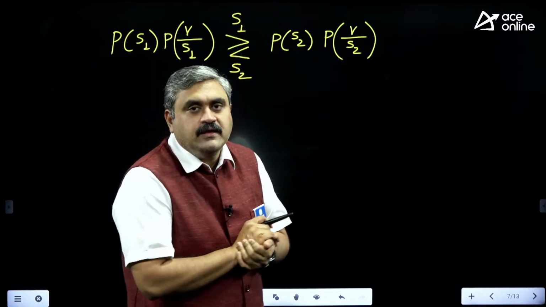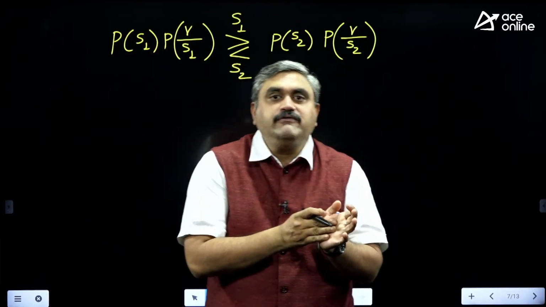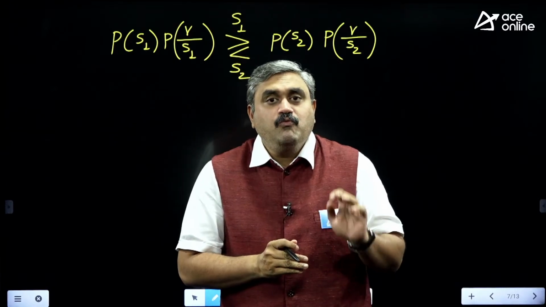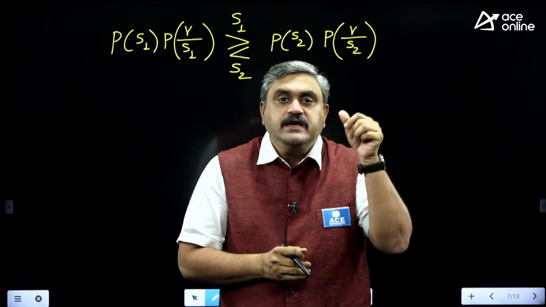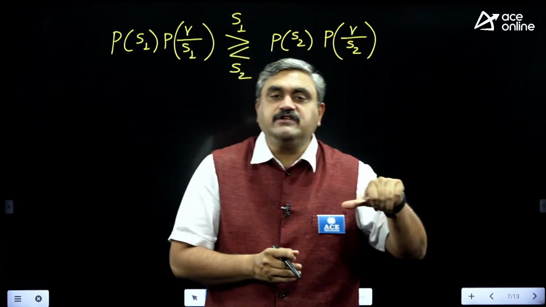Now what we are saying, your probability of error will be minimized when you take your VTH as VOPT. So what is that VOPT? It is the point of intersection of both the density function curves.